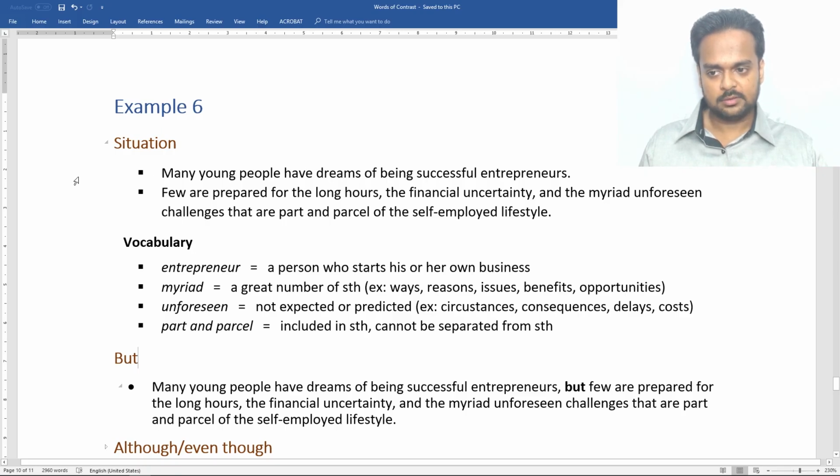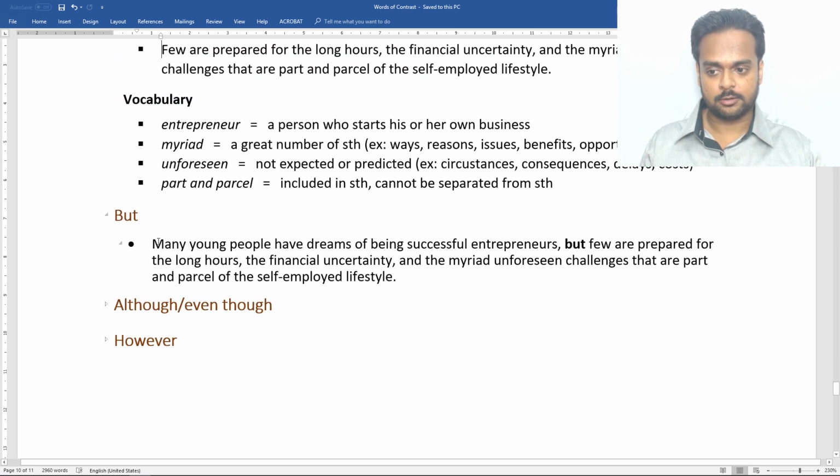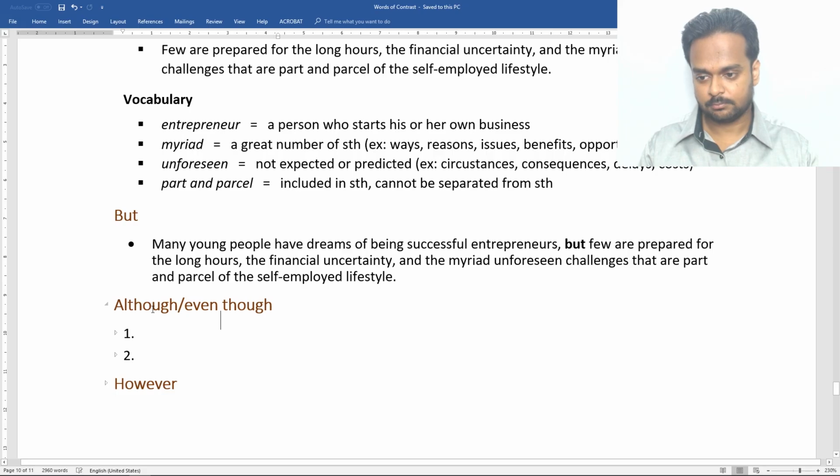Pretty easy. With although and even though, this example is a little different from the ones we've looked at previously, because if you read these two sentences over here, you'll notice that we cannot say that one is an expectation and the other is an unexpected result. These two are just opposites. So you can actually add although or even though to either one. You can put although here, or you can put although over here, like this.